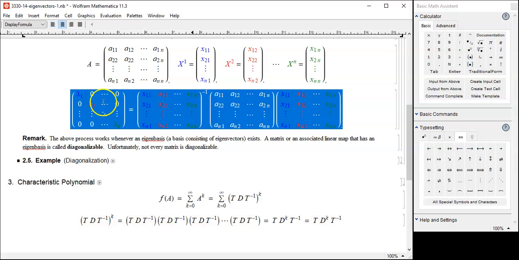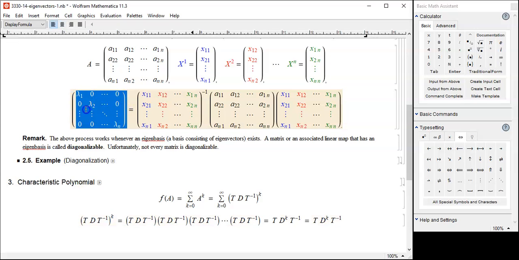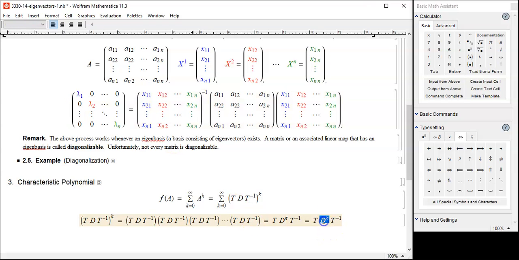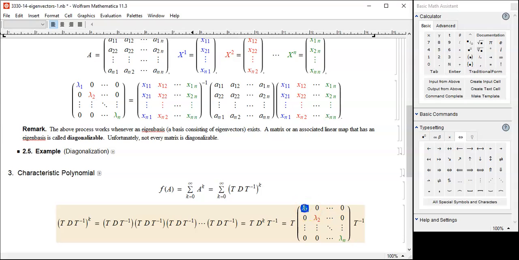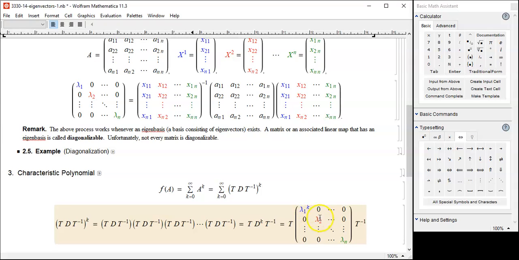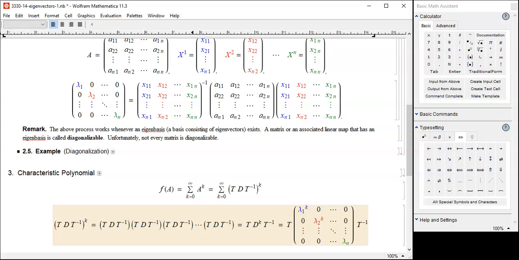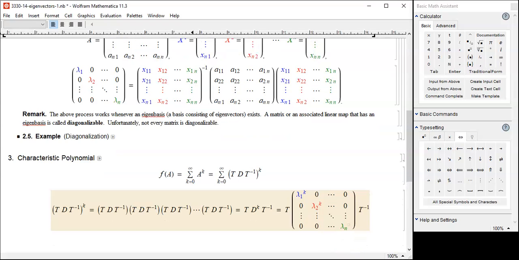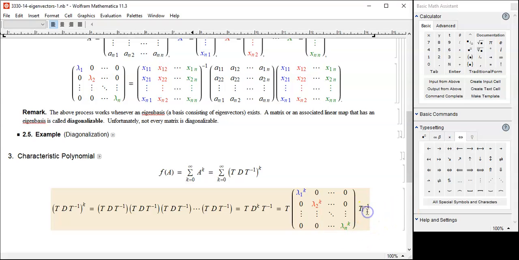Basically what we have is this one to the k power, this thing to the k power, like this. So we can handle this kind of thing.